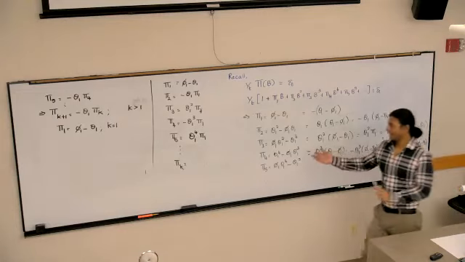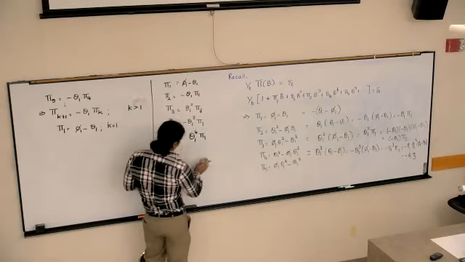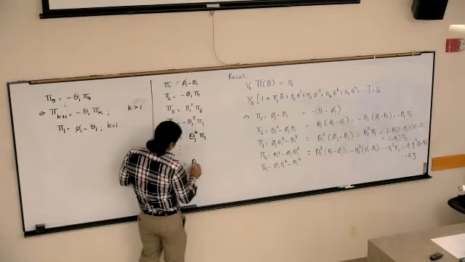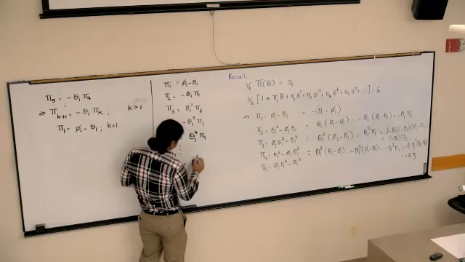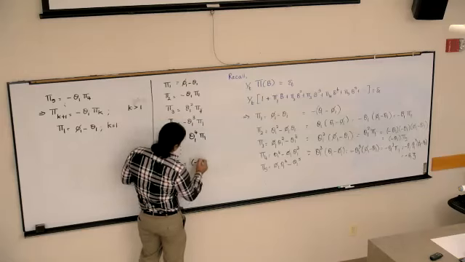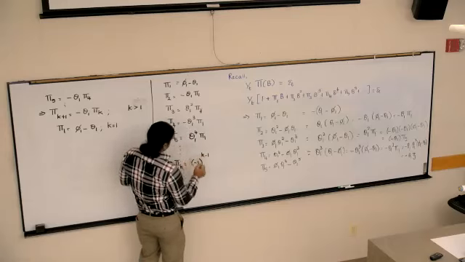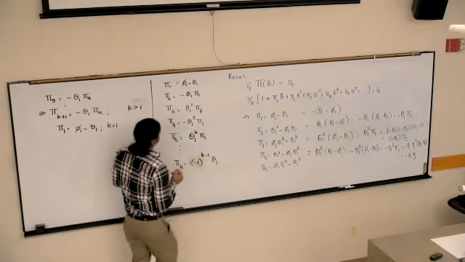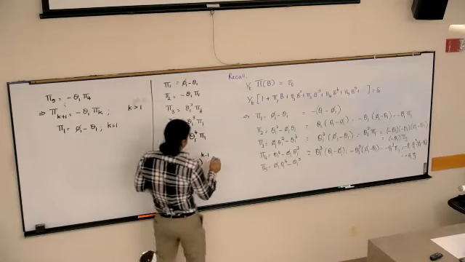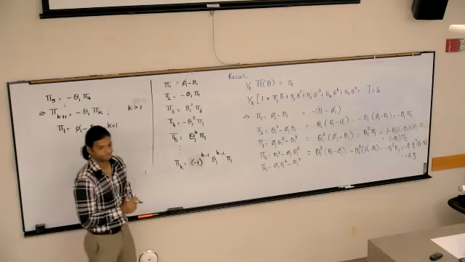As a recursion, we can write this as pi k equals minus 1 raised to k minus 1 times theta 1 raised to k minus 1 times pi 1.